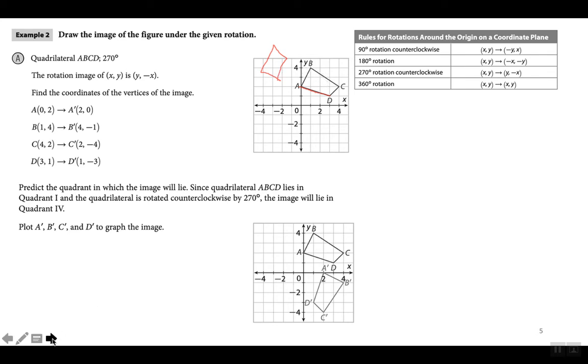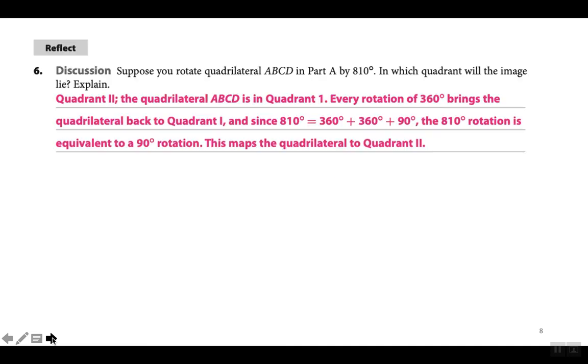So if we go back to that question, a rotation of 810 degrees is equivalent to a 90-degree rotation counterclockwise, and it's going to put the quadrilateral in quadrant 2. A quadrilateral just means that it has 4 sides.